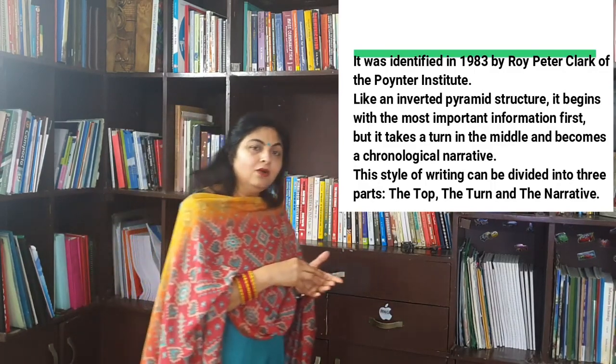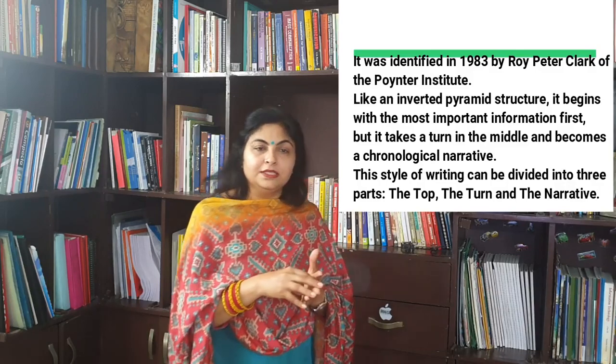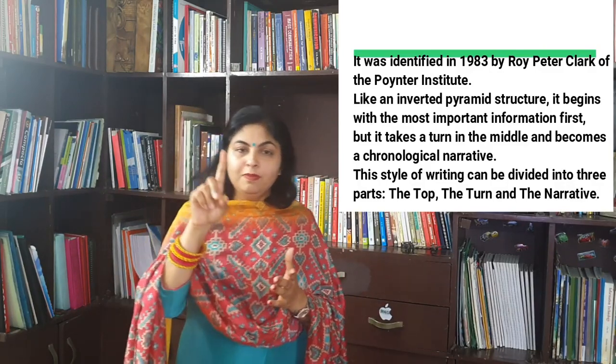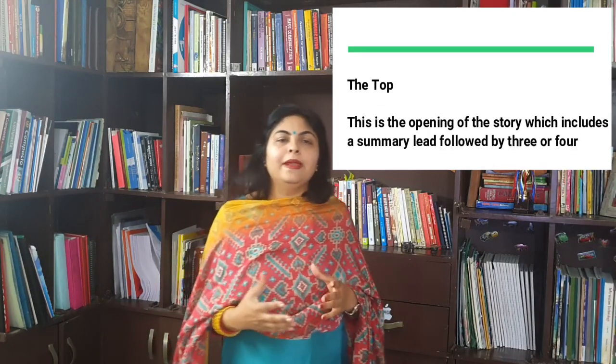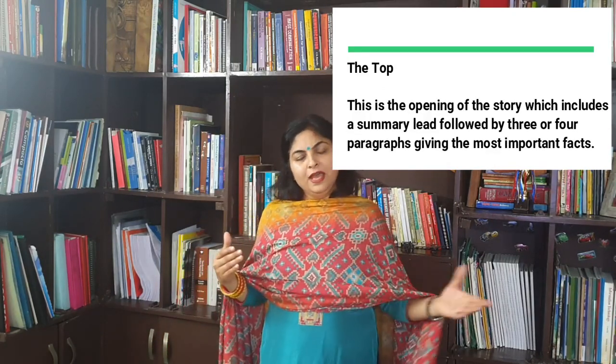So this style of writing can be divided into three parts: the top, the turn, and the narrative. So let me explain the three parts as well. The top is the opening of the story, which includes a summary lead followed by 3 or 4 paragraphs giving the most important facts.